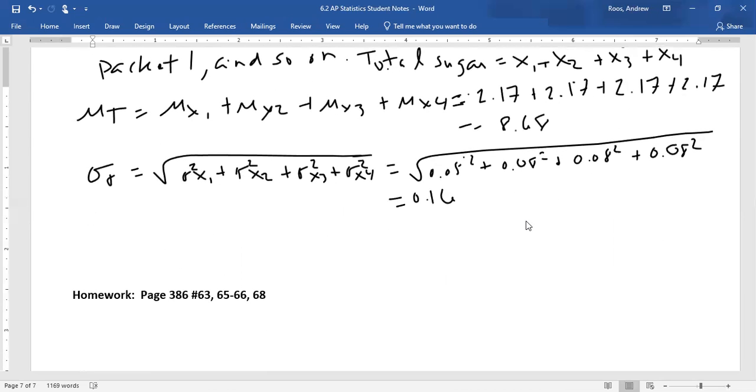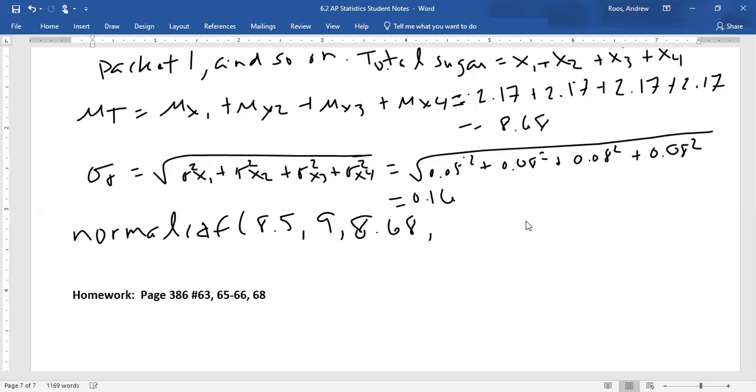Using your calculator, you would do normal CDF, lower bound 8.5, upper bound 9, mean 8.68, standard deviation 0.16. That would give us 0.8470.